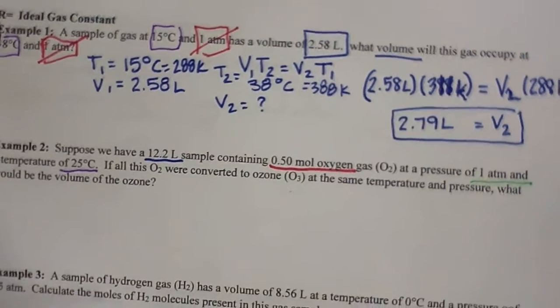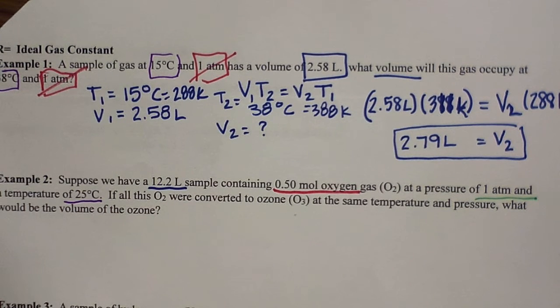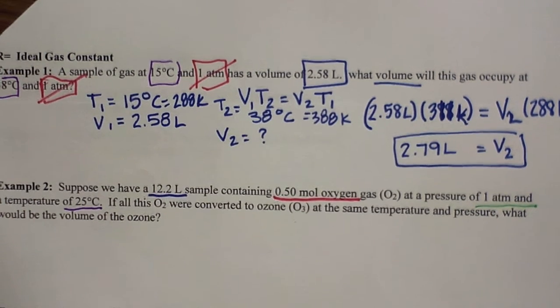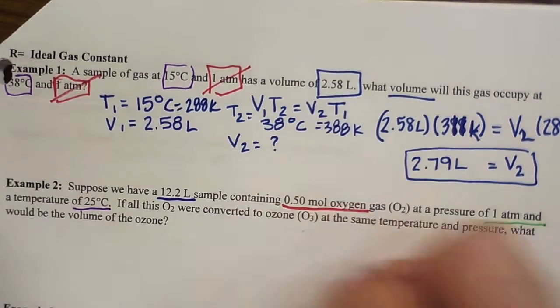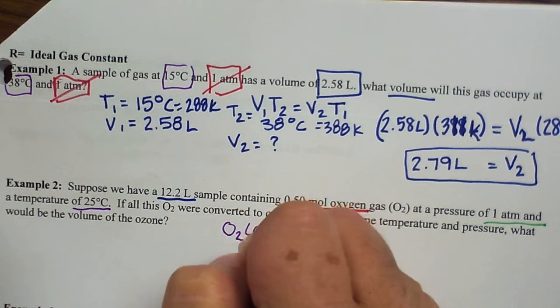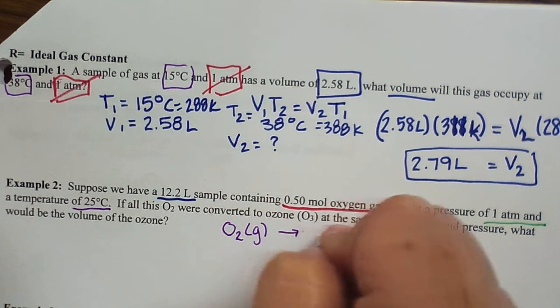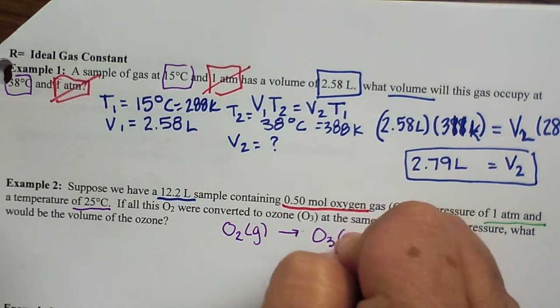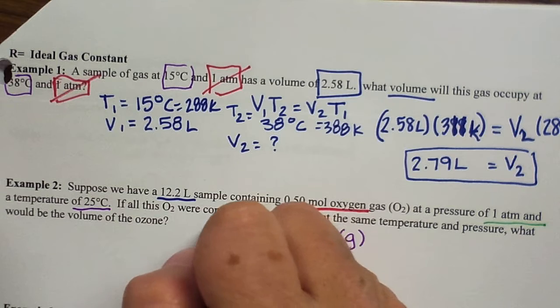We're going to need to do this as an equation first. The first thing we're going to do is take O2 gas and convert this to O3 gas, and then we're going to need to balance this.